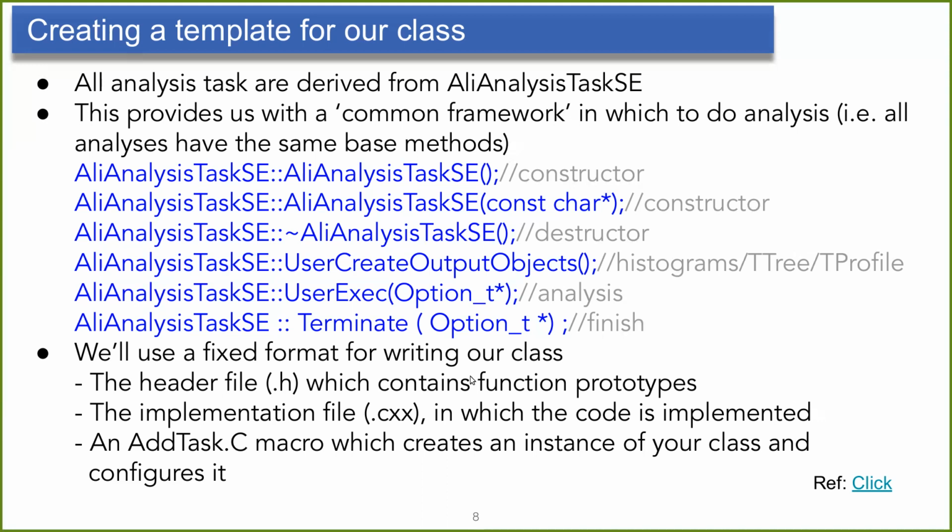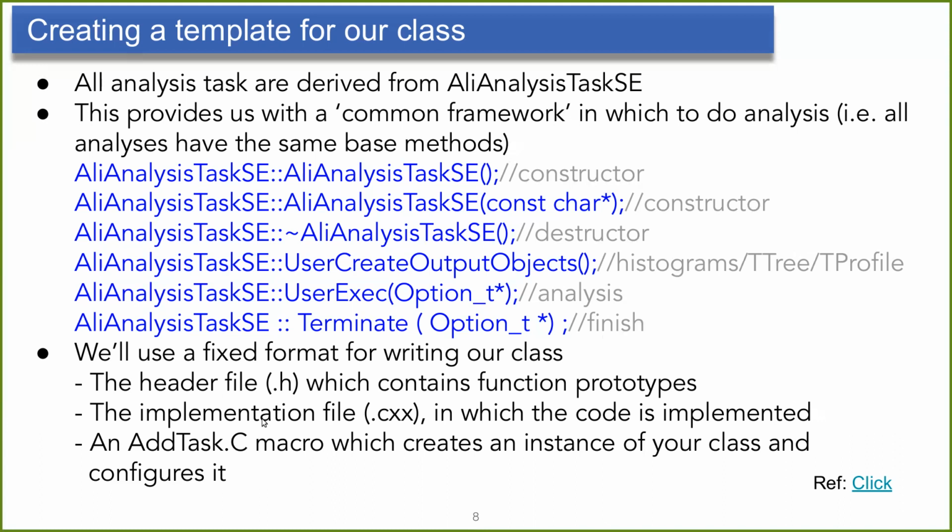So we will use a fixed format of writing our class. We will first write our header file, which contains the function prototypes, that means where we write the prototypes of these five members. And if you want to add more, you can add more.